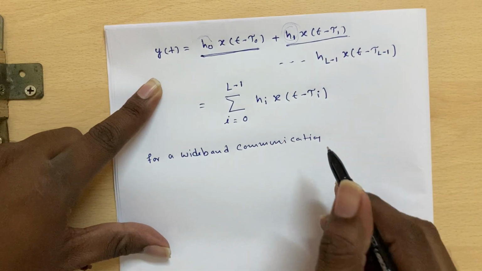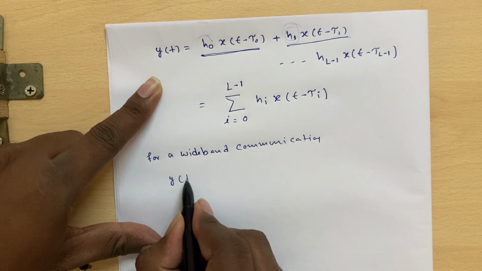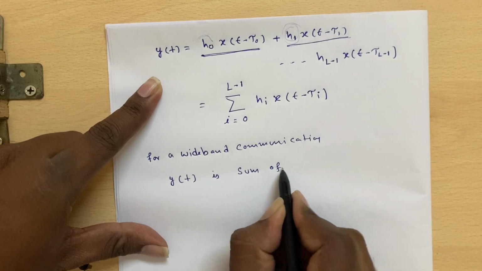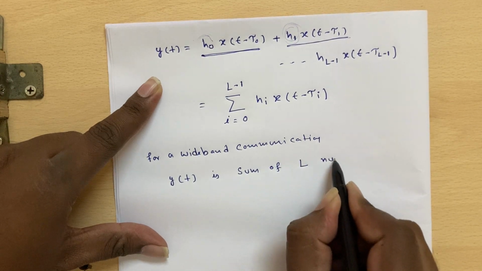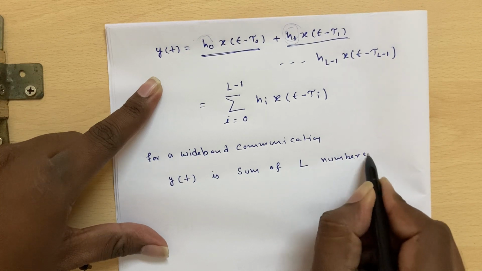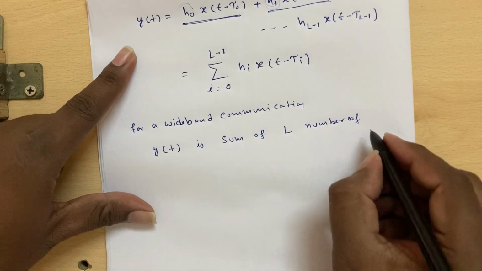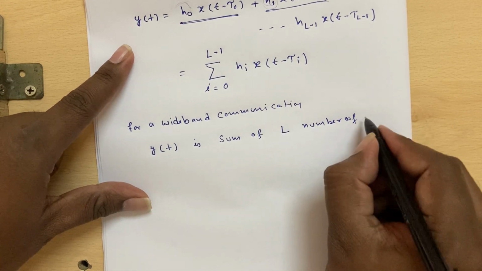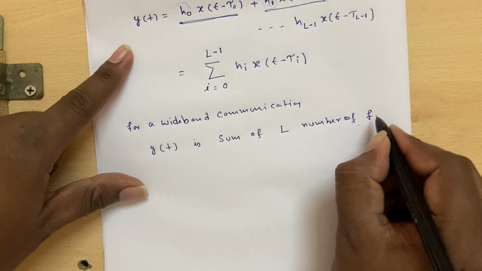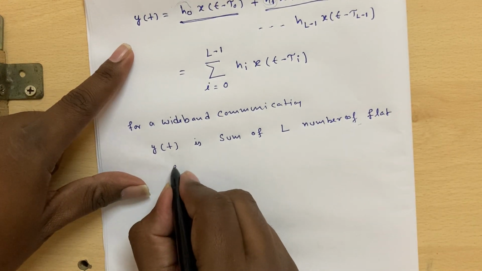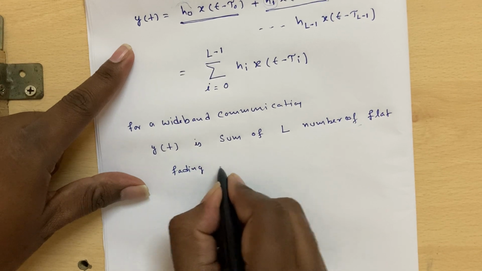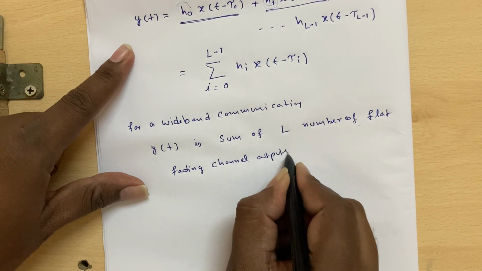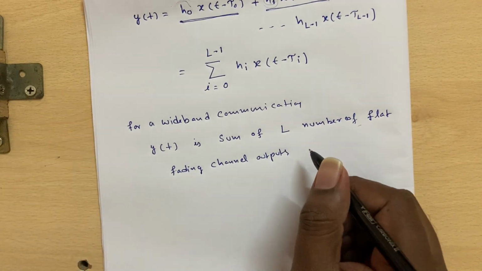And like that, y of t for a wideband channel is actually the sum of L number of flat fading channel outputs. So that is actually y of t for wideband communication.